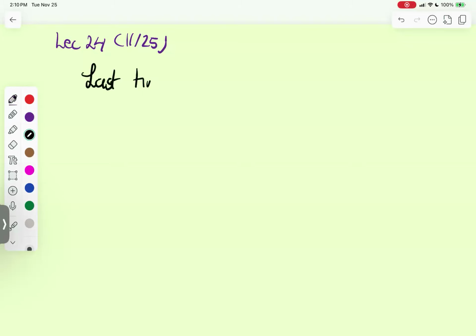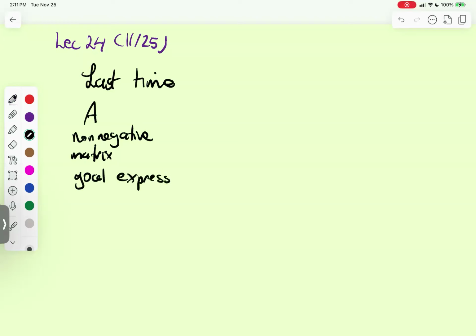Last time we had a non-negative matrix. And the goal was to write it as a product, as a factorization of two non-negative matrices.